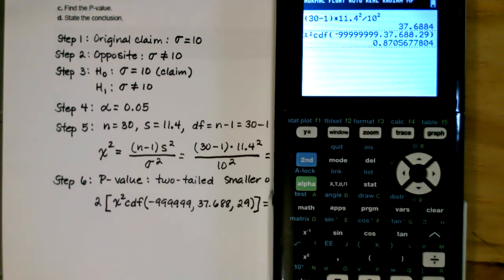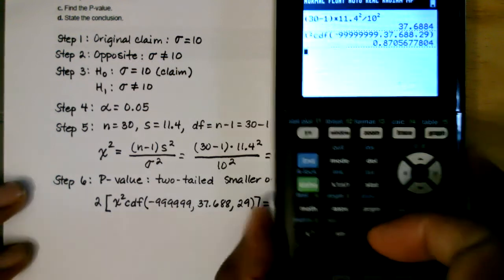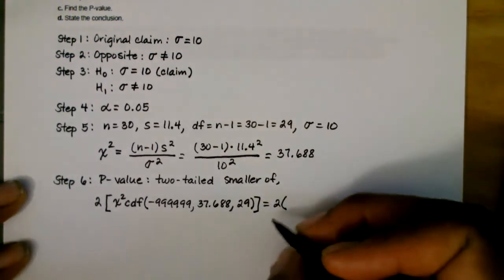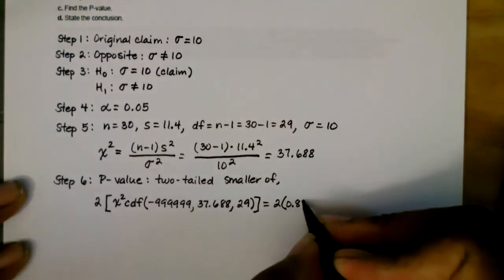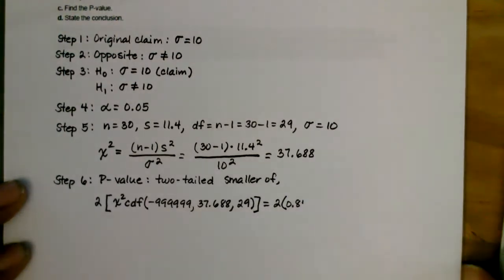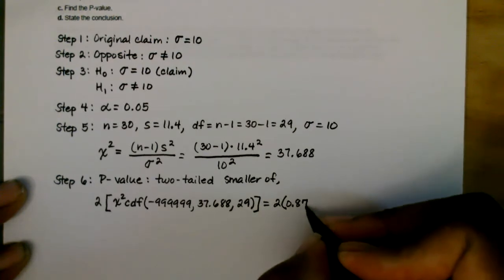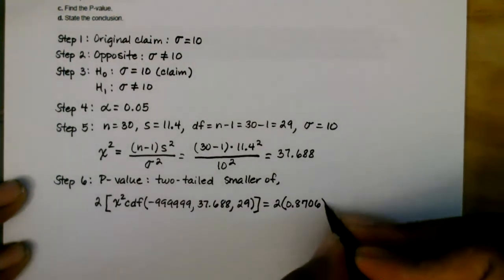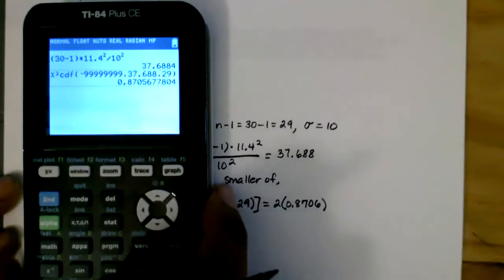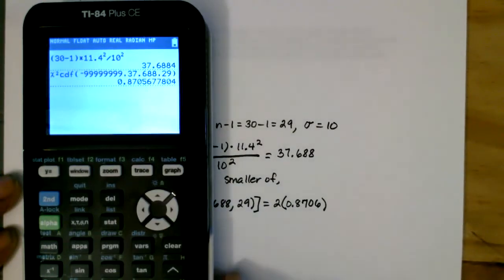Now, it's this amount, 0.8706, rounded to 4 decimal places. But I have to multiply by 2 because it's a two-tailed test.